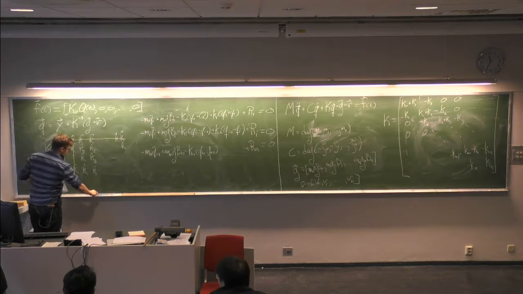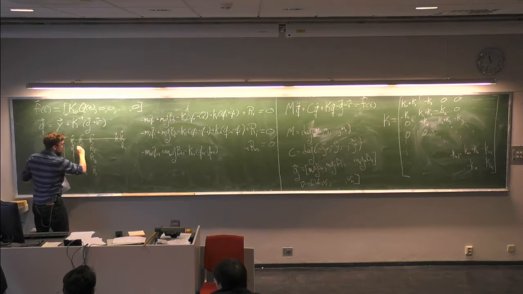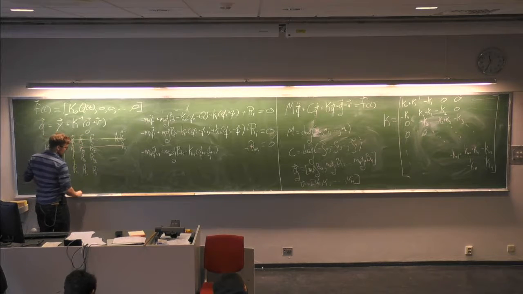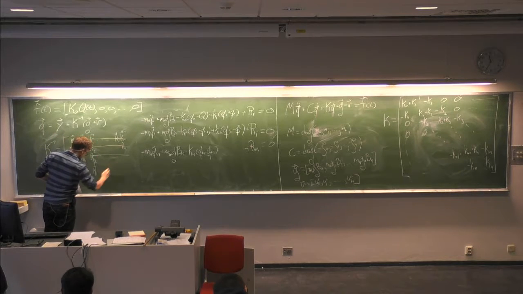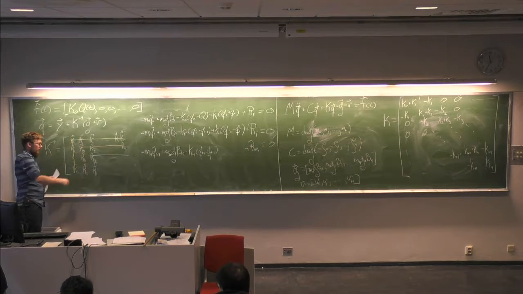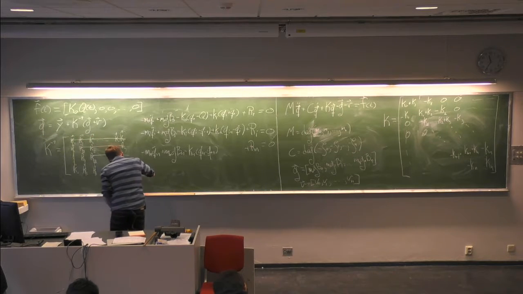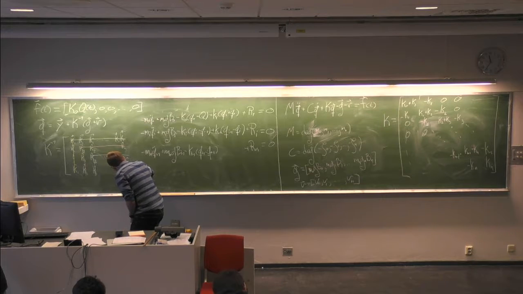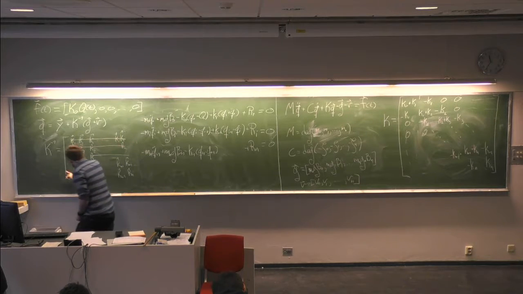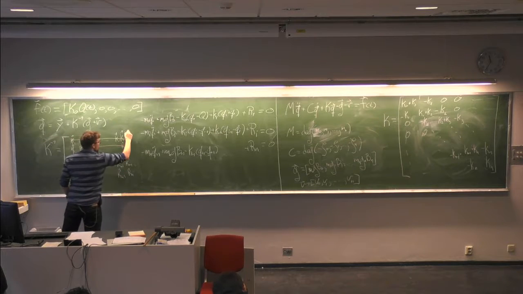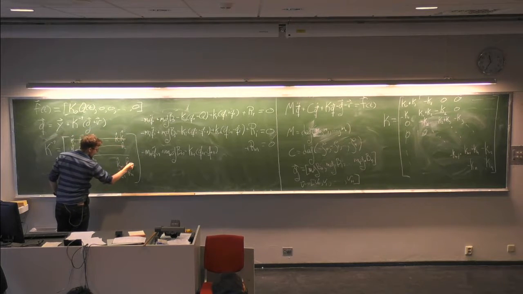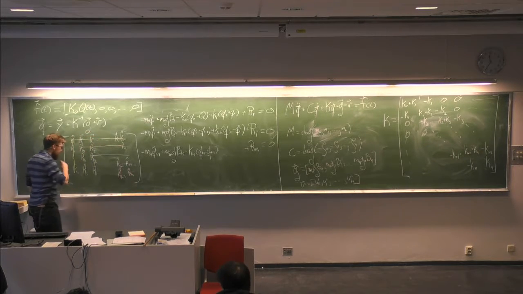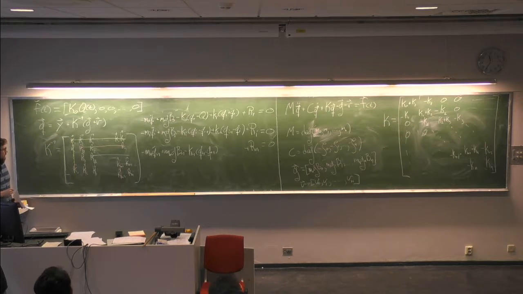One like this, then two like this, then three like this, and then all the way down, ending with K(n-1) hat and Kn hat. And it's supposed to be a square matrix, for those wondering. So that's the structure of it.